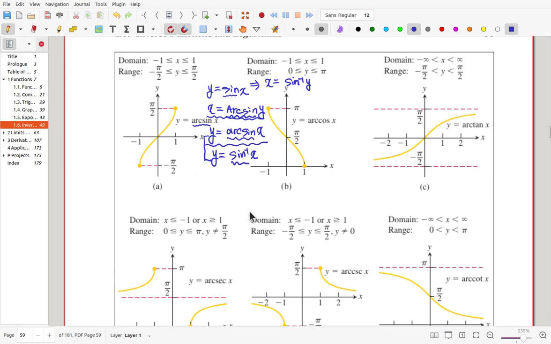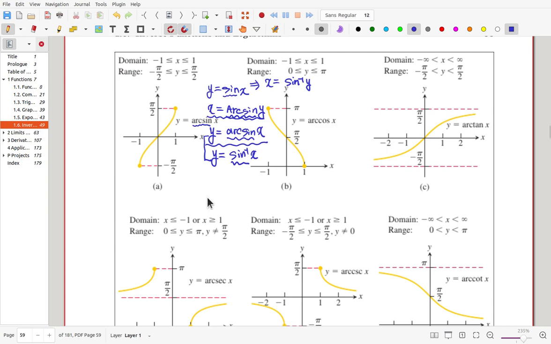Now here, as earlier when we introduced the logarithmic functions, the domain of the exponential function becomes the range of the logarithmic function, and the range of the exponential function becomes the domain of the logarithmic function.